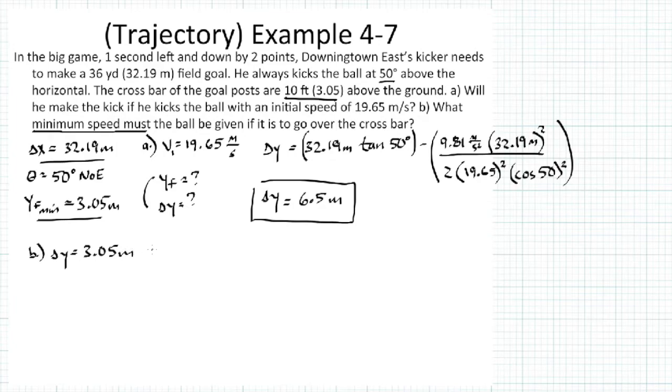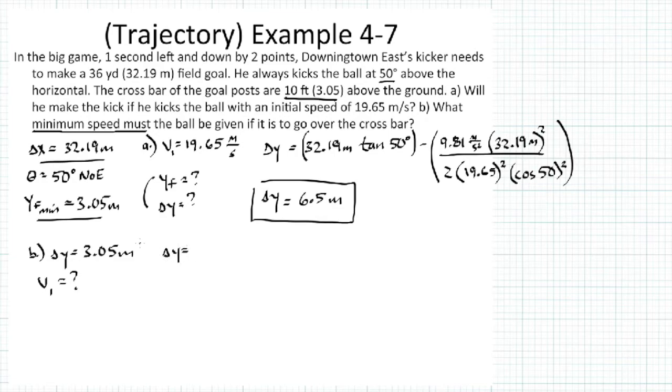Everything else we pretty much know, but what we have to do now is solve for our initial velocity. That's what we're solving for. So we need to take this equation, and we need to turn it around and solve for initial velocity. So I'm going to write the whole equation out.